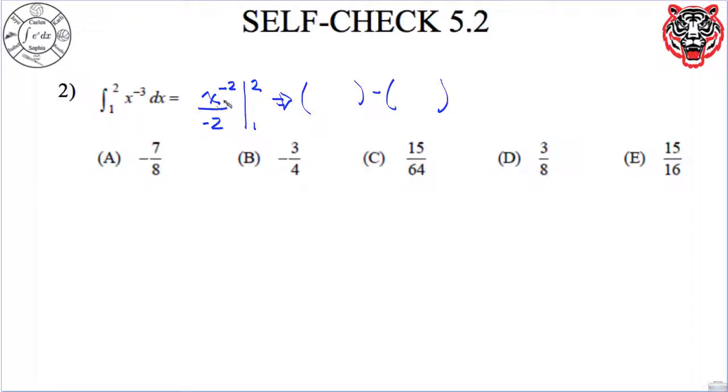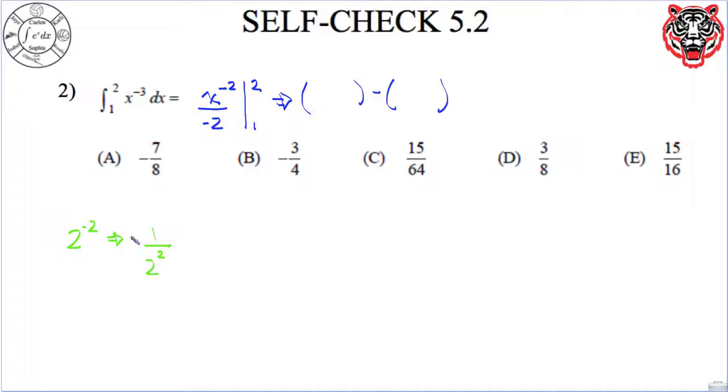Okay, this is the part that can be tricky. I can see why this might be missed now. 2 to the power of -2, that's going to be 1/4. Why is that? Let's take time to analyze what's going on here. 2 to the power of -2 is the same thing as 1 over 2 to the power of 2.